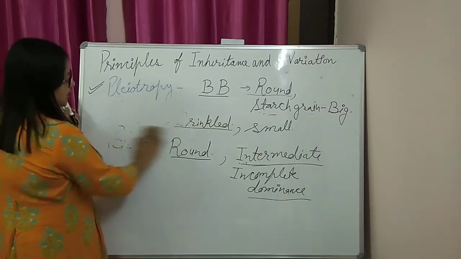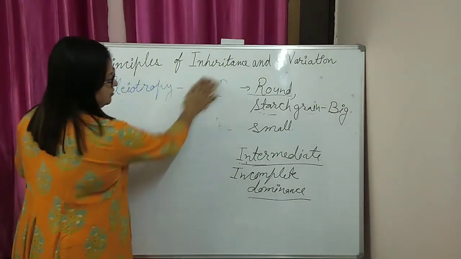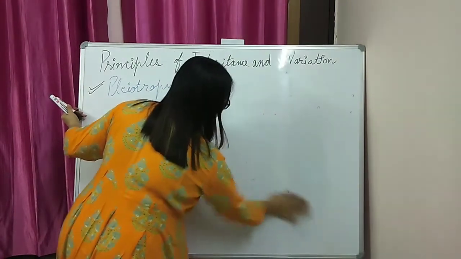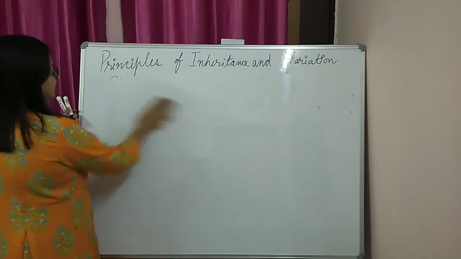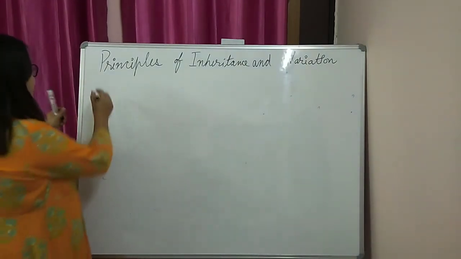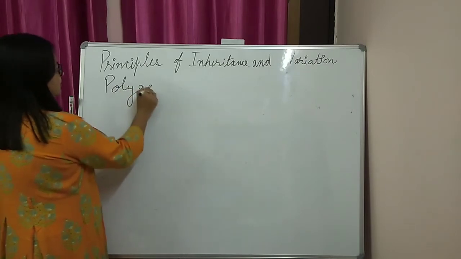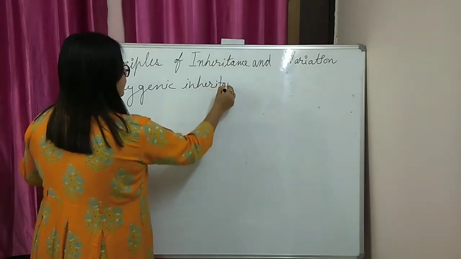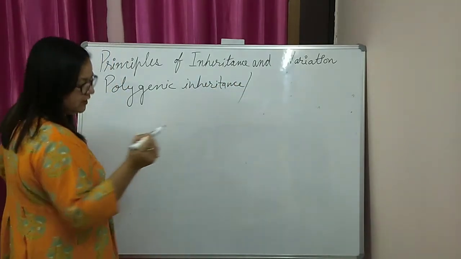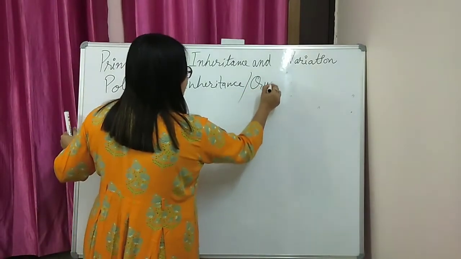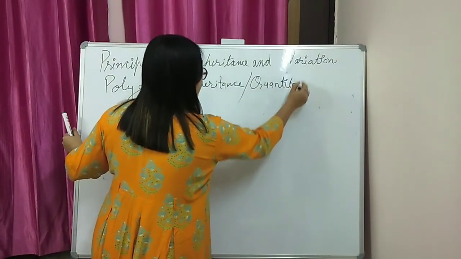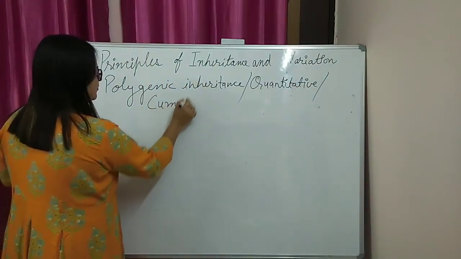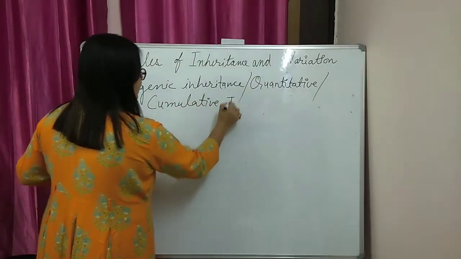Now next I will explain to you about polygenes. Polygenic inheritance, also known as quantitative inheritance or cumulative inheritance.